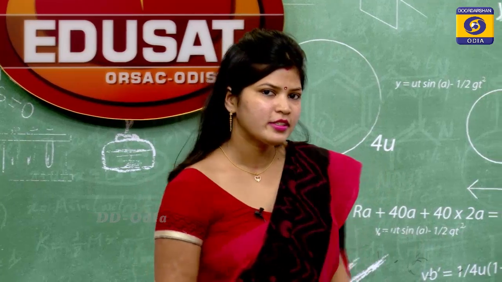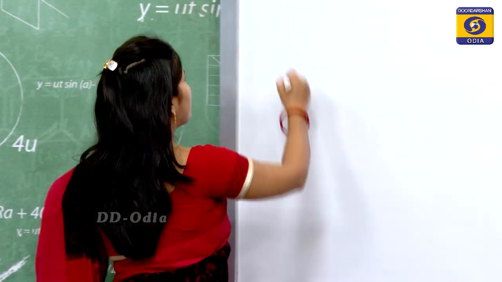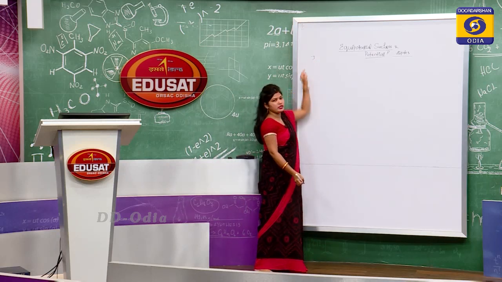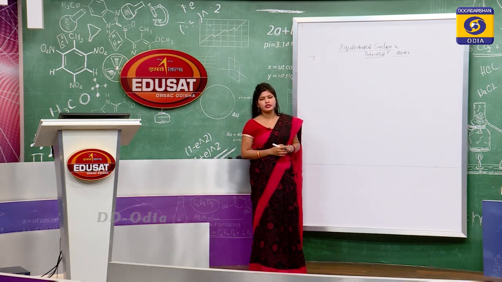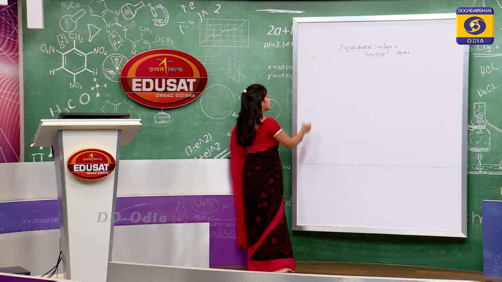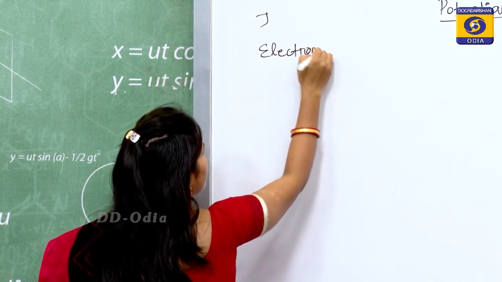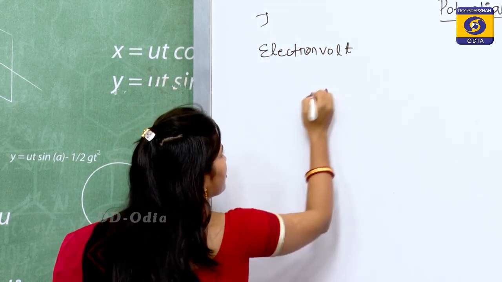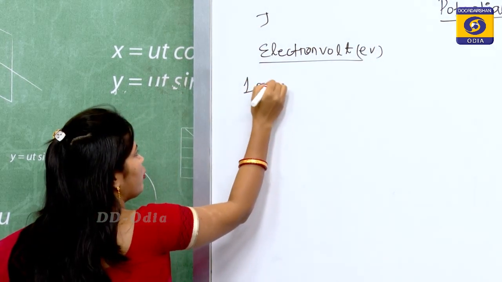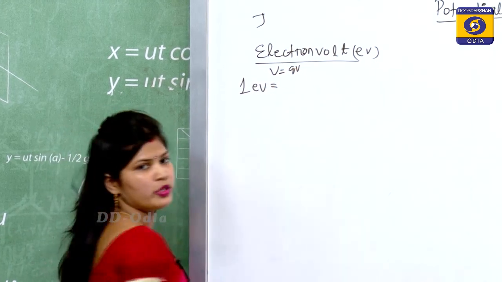Now, let us discuss the unit of potential energy. We know the unit of potential energy is joule, but this unit is large when you are dealing with electrons, atoms or molecules. For this purpose another unit, electron volt, eV, is used. 1 electron volt: you know the energy is Q into V, charge into potential.